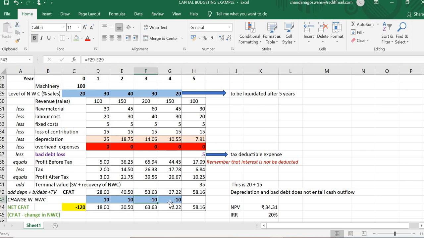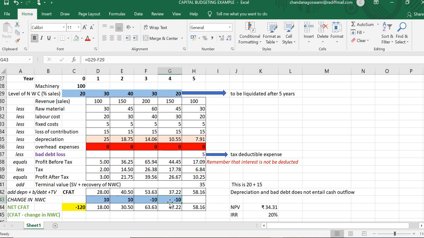And in year 4 this difference is coming because of 20 minus 30. So this net change in working capital, please understand that in some years we had to spend more, so that was an outflow. In some years we had to spend less, that negative one is spending less, which means that there was a saving. All right, so this has to be incorporated.